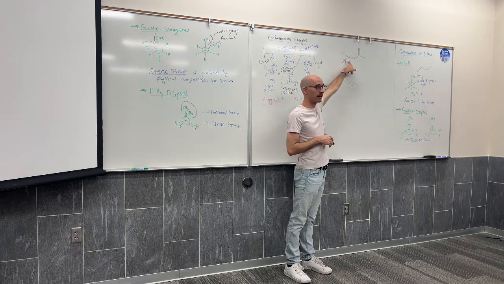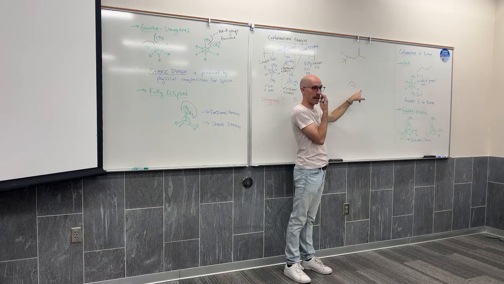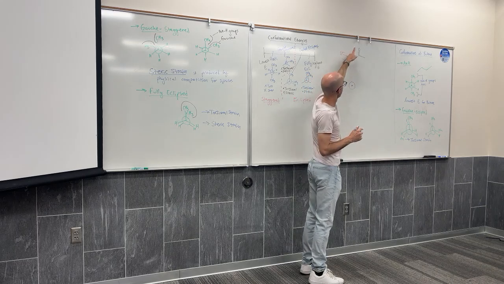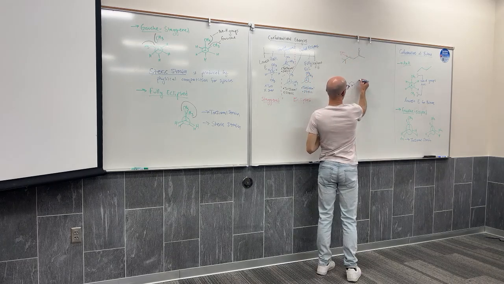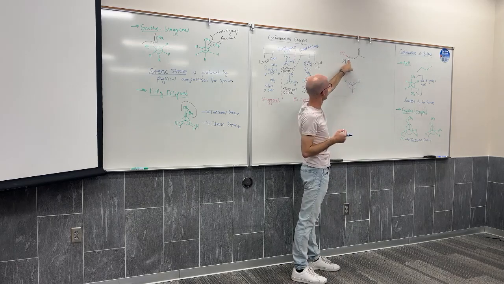There's hydrogens coming off. Are they coming off up to the right and left or down to the right and left? They're coming up. They're wedged and dashed and they're pointing up. So in my Newman projection, they're coming straight up. And then I can confirm that this group is coming straight down.